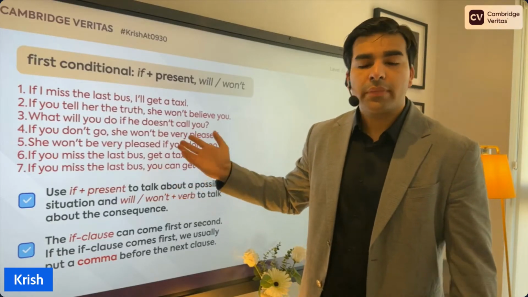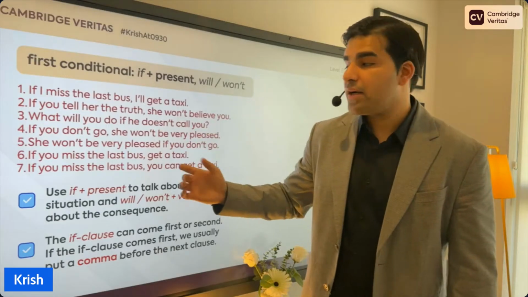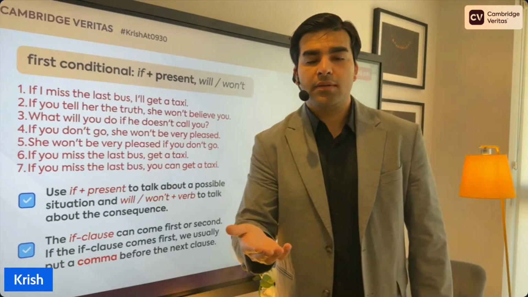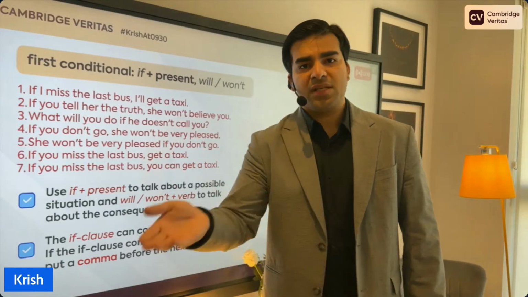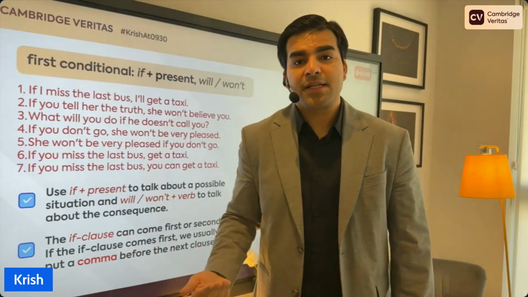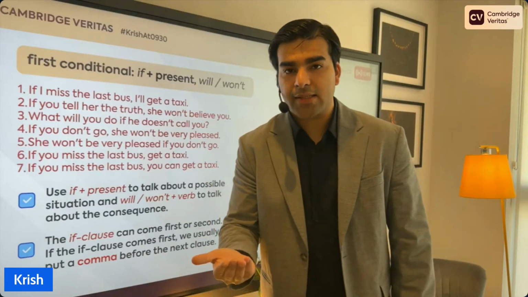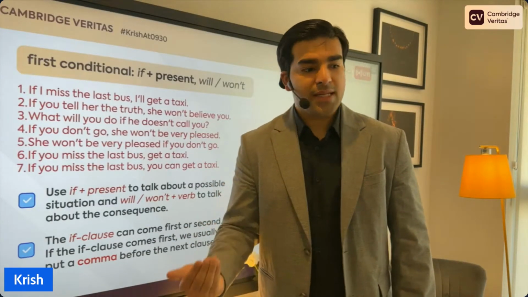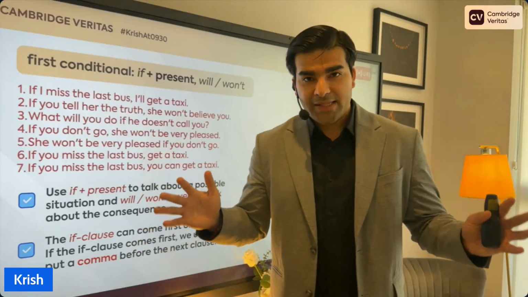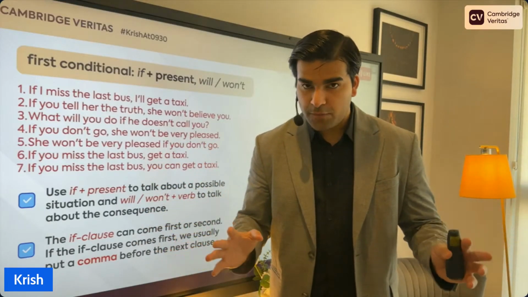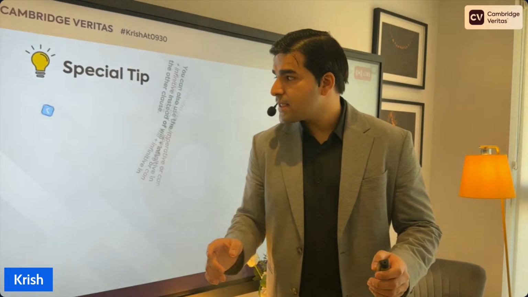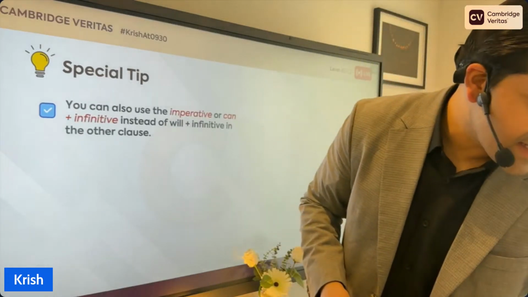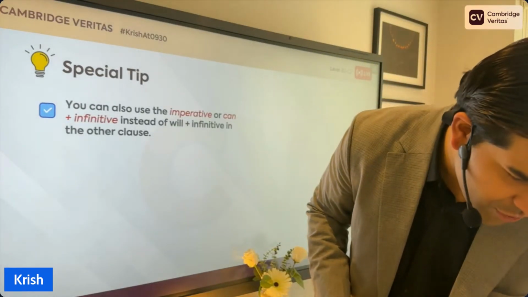I'm just saying get a taxi. This is an imperative. Imperative means order. Get a taxi if you miss the bus. Because sometimes there are situations where we have to speak like this. So that is a possibility as well. The explanation is over. If you have any questions, please feel free to ask at this stage.